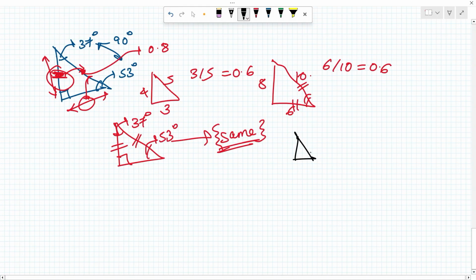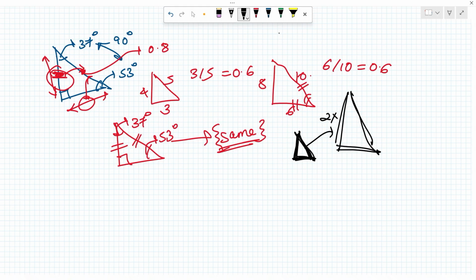Because if you take a 3, 4, 5 triangle, the 2x is just a zoomed picture of it. It's just as if you zoom it. So even if you zoom it, all the sides are increasing by the same proportion. So the ratio of any two sides is going to remain the same.